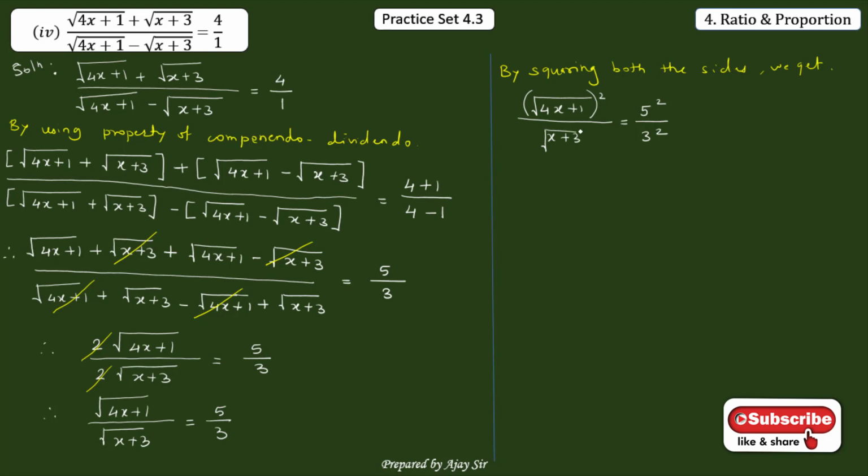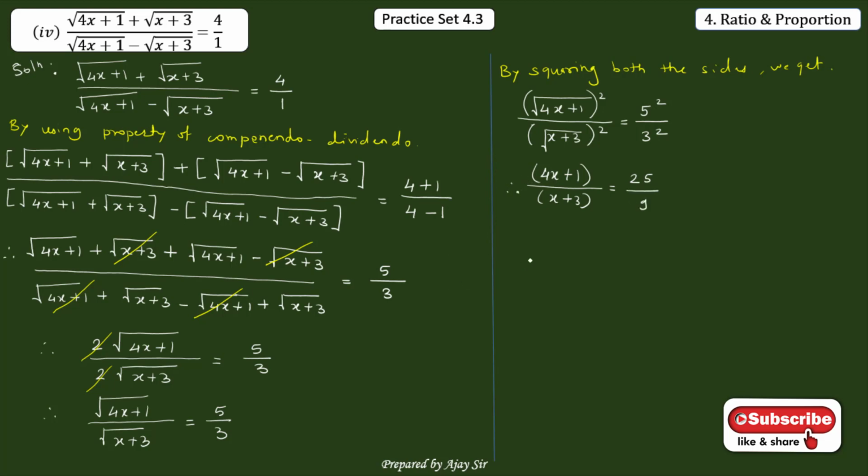Because we are doing this for the first time, we write the same term and the square term also. Now this square and this square root get cancelled, then only 4x plus 1 remains. In the denominator only x plus 3 remains. So here it is 25 divided by 9.